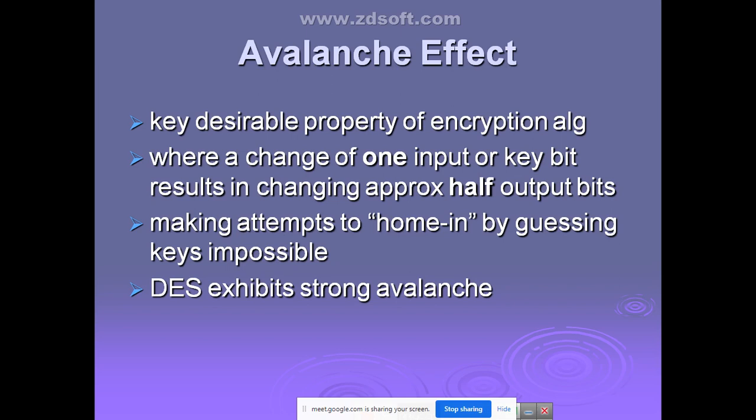So the DES, as already told, after passing through the 16 rounds, you have studied the round structure. In each round, so many operations you are performing. You are expanding, you are substituting, you are doing a permutation operation, you are doing an XOR operation, so many things you have done. So if you make a change in a single bit of the plaintext, that is going to affect many bits within the ciphertext.